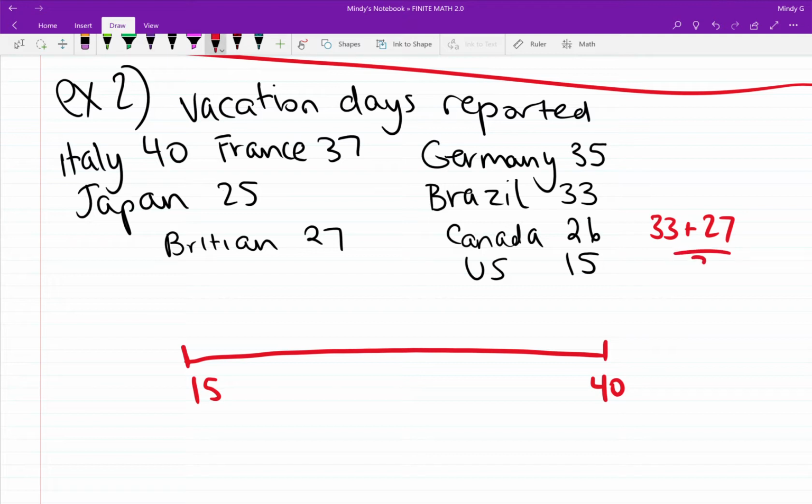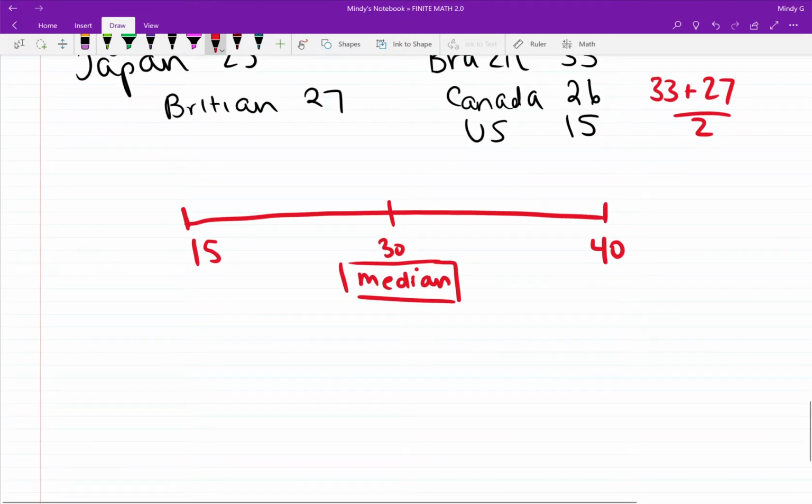30. All right. Now, 15 and 30, what is the median between 15 and 30? Okay, so let me do it like this. 15, 25, 26, 27, 33, 35, 37, and 40.